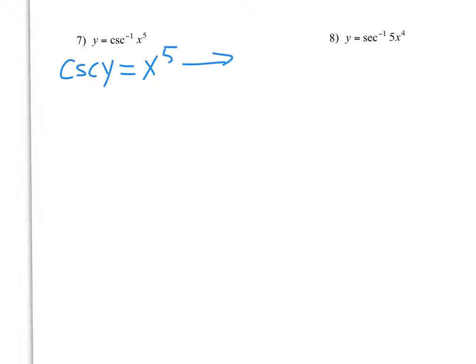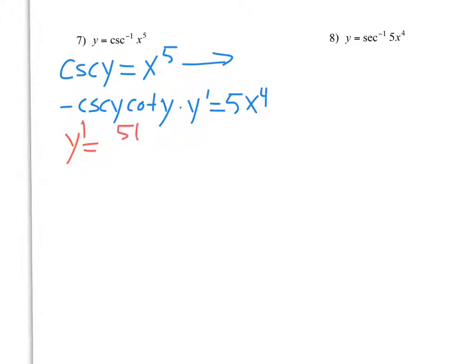And the derivative of cosecant is going to be negative cosecant y, cotangent of y, and that's going to be times y prime. Derivative of x to the fifth is going to be 5x to the fourth. Okay, to get y prime by itself, it's going to be 5x to the fourth divided by negative cosecant of y cotangent of y. So we need to make a triangle here.